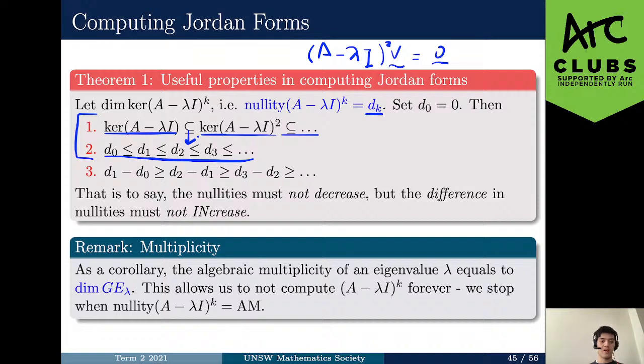This is saying that the nullities must not decrease, that's number 2, and the difference in nullities does not increase. To make that clear, we'll do some examples later on, and hopefully that'll become more clear. Okay, as we mentioned earlier, we don't actually need to check forever to check if something is a generalized eigenvector. You can actually stop when the nullity is equal to the algebraic multiplicity.